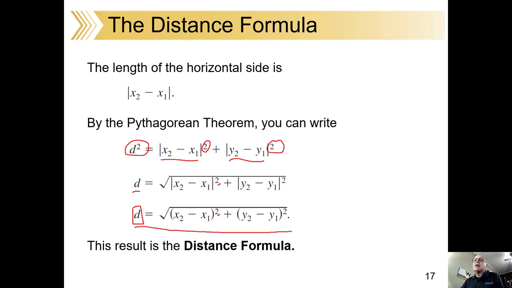You're going to square it. You're going to do the same thing with the y values. Subtract those, square it. When you get the two squares, then you'll add them together, and last of all, you're going to take the square root of the sum of the squares. And that is the distance formula.